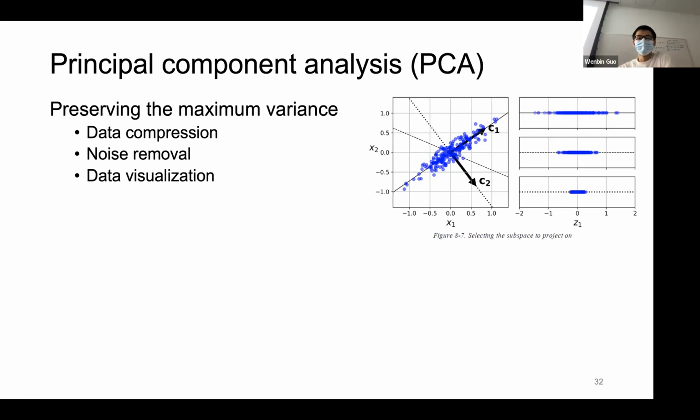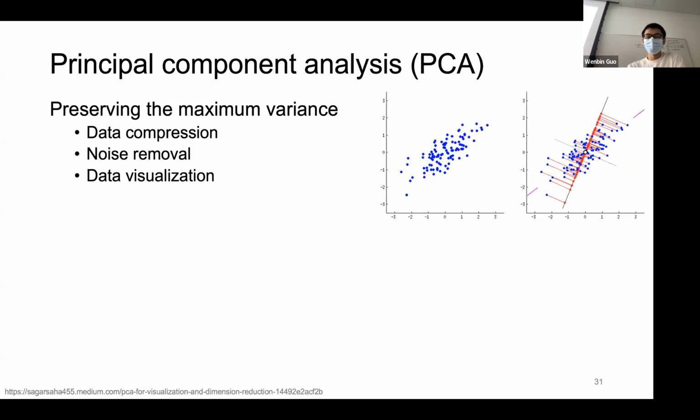And when we have a million features, we cannot imagine what the feature distribution looks like. But if we do PCA, take the first 2 PCs, and project the samples onto this PC space, we can do data visualization, which is very useful in our daily analysis.